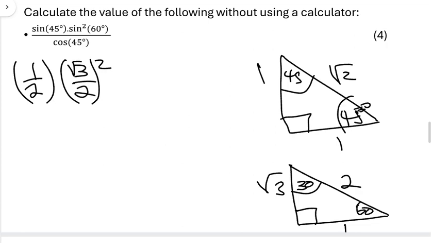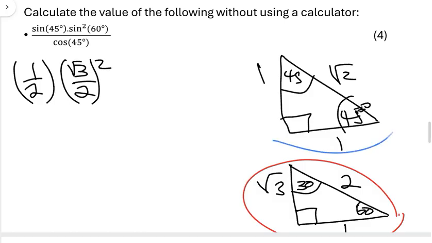Remember, I'm jumping between the 2 triangles because I have to respond according to the needs of the trig function that I am using. Since now I have an input that is 60 degrees, I have to use this special triangle. Then when I had 45, I had to use this special triangle.